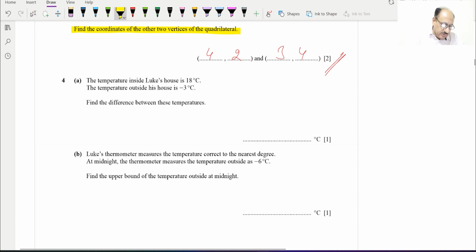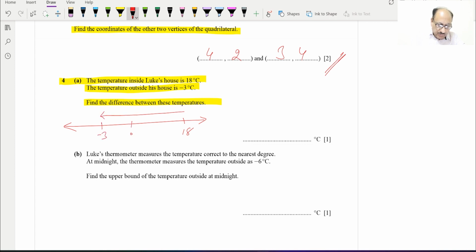Question number 4 says A part, the temperature inside Luke's house is 18 degrees Celsius. The temperature outside his house is minus 3 degrees Celsius. Find the difference between the temperatures. We can understand this by the number line, so this will be 18 and 0, and this side will be minus 3.